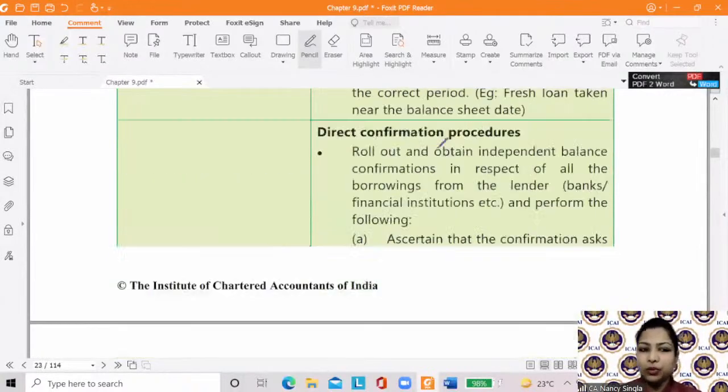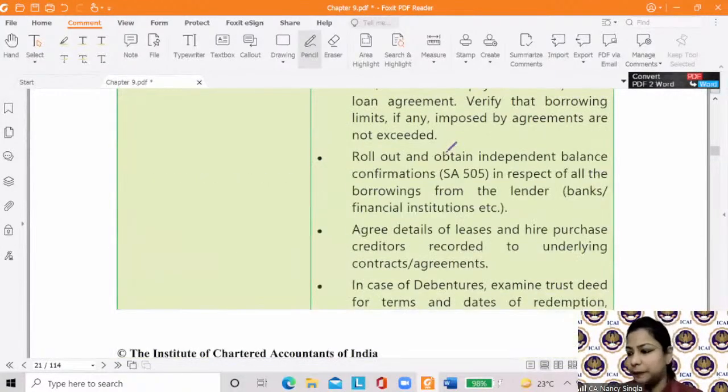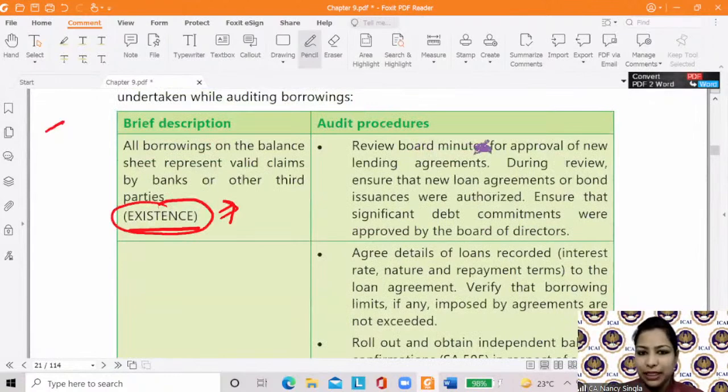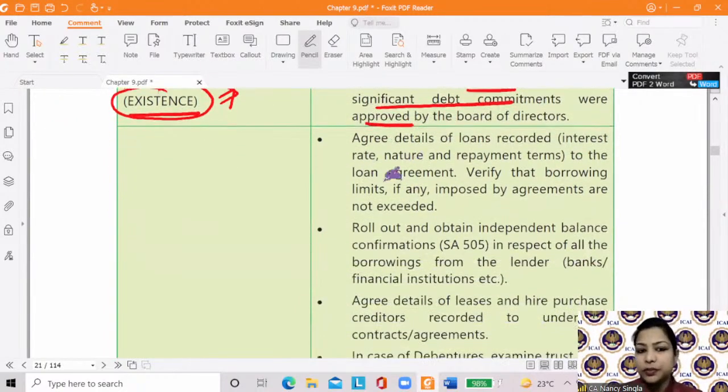So with respect to existence, we have seen what? Board meetings, okay? Then new loan agreements should be authorized, significant debt commitments should be approved. Okay? Then the next point was with respect to what? Loan agreement. That the loan recorded should agree with the details mentioned in the loan agreement. Then SA 505.